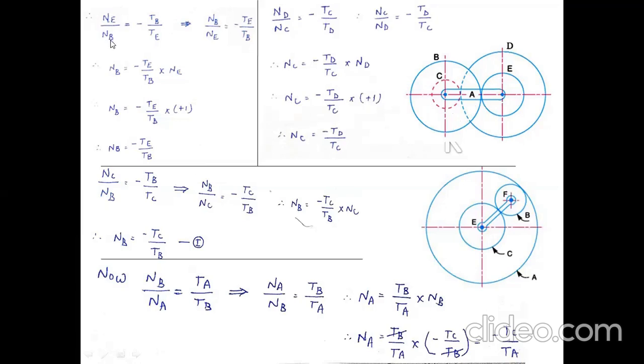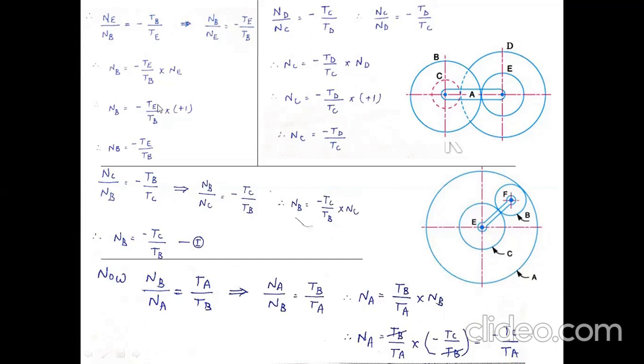So NE upon NB is equal to minus TB upon TE. I am taking the reciprocal, NB upon NE, because I have to find the speed of B. So NB upon NE is equal to minus TE upon TB. NE moves to the right side.